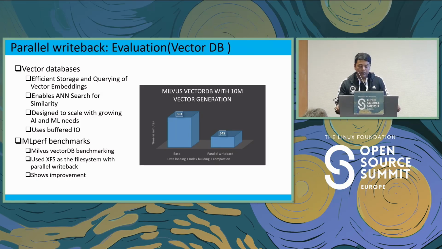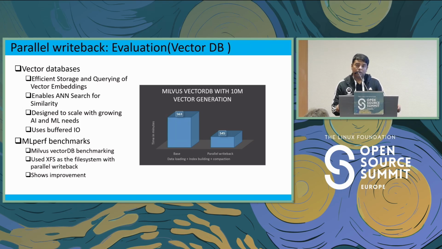Now we did an evaluation with VectorDB. VectorDB is very much required for Gen AI workloads. This database is prepared initially, and it helps in near neighbor search or for similarity. It is designed to scale with growing AI and ML needs, and it uses buffered I/O.